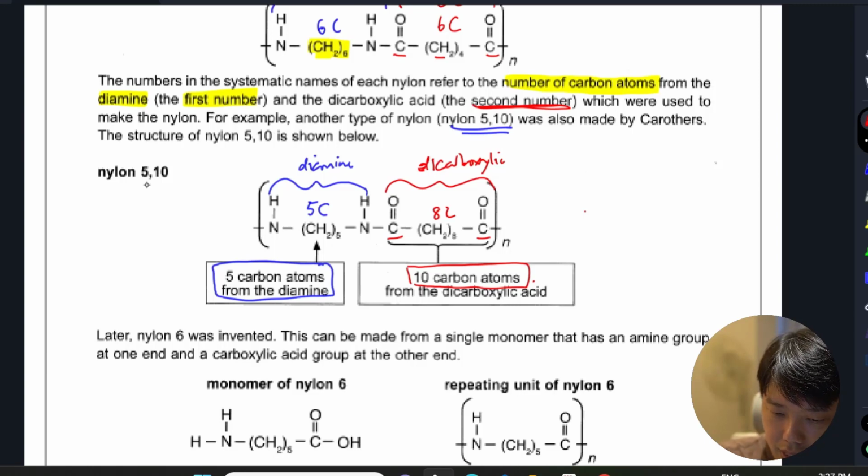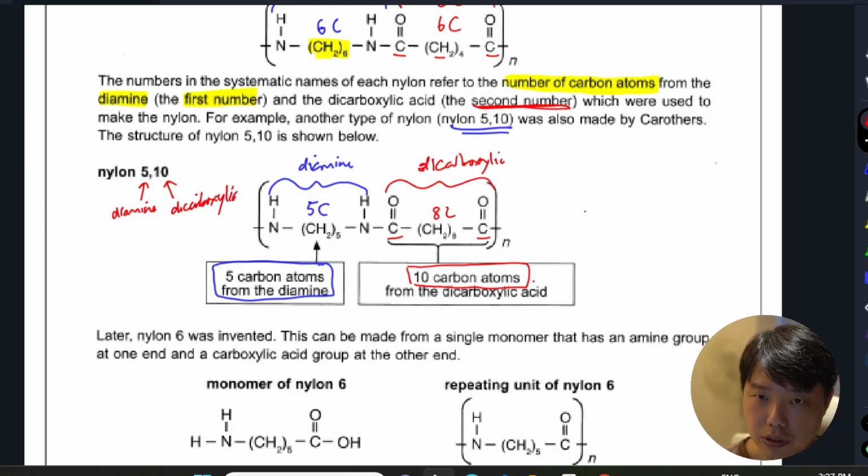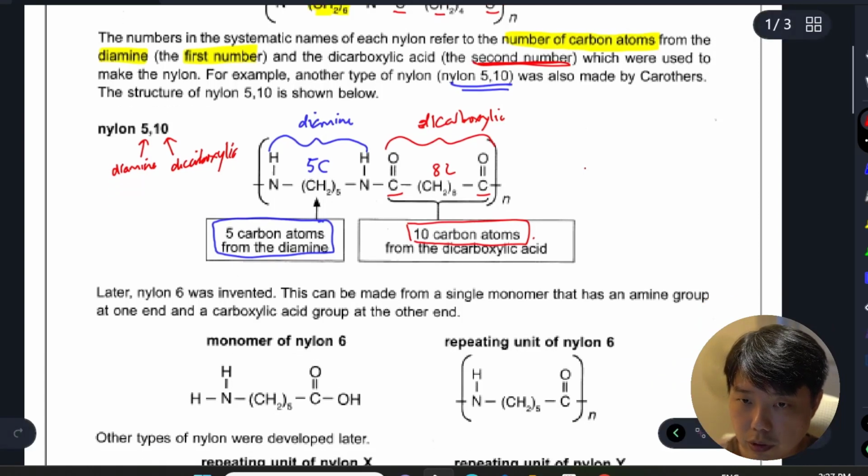So you see the name has to do with the number of carbon atoms in the diamine and then in the dicarboxylic side of the nylon molecule. I hope you can see the way that they name. First part, diamine, how many carbons? Second part, dicarboxylic acid, how many carbons? So if you got that, let's move on.